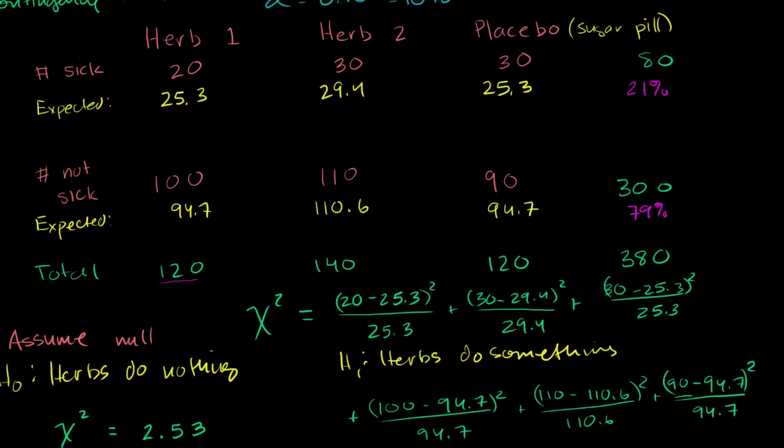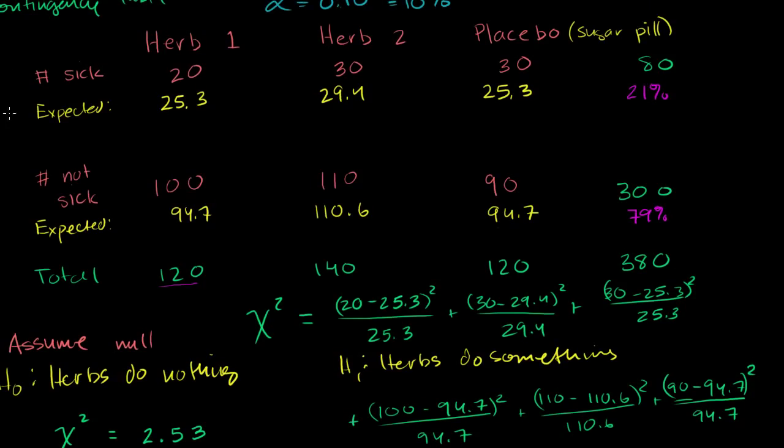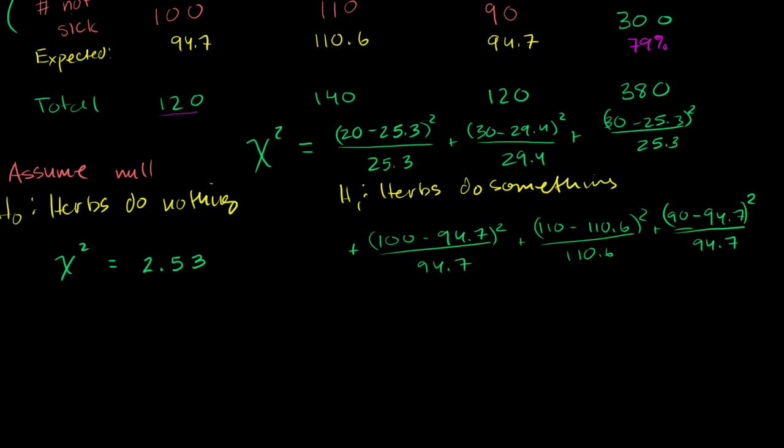So the rule of thumb for a contingency table is you have the number of rows, and then you have your number of columns. So here we have 2 rows and we have 3 columns. You don't count the totals. So you have 3 columns over here. And the degrees of freedom for your contingency table is going to be the number of rows minus 1 times the number of columns minus 1.